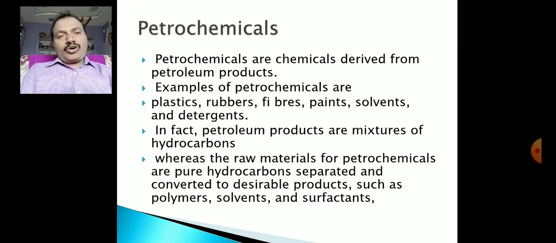And these hydrocarbons are available from the natural gas and oil industry. And these heavy hydrocarbons are fractioned and each element separated. Those elements are called petrochemicals.